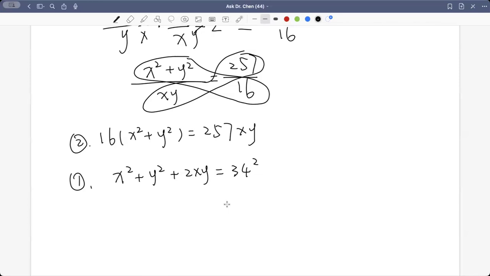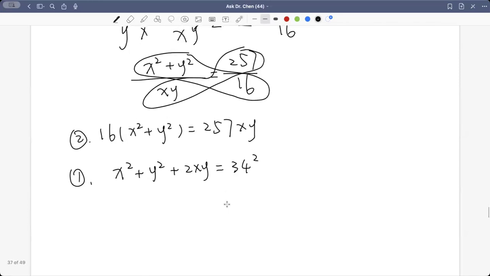Okay, so now let's use these two equations. In the first one we have x squared plus y squared, so maybe we multiply 16 to everything. Then we get 16 times x squared plus y squared plus 16 times 2xy, that's 32xy.